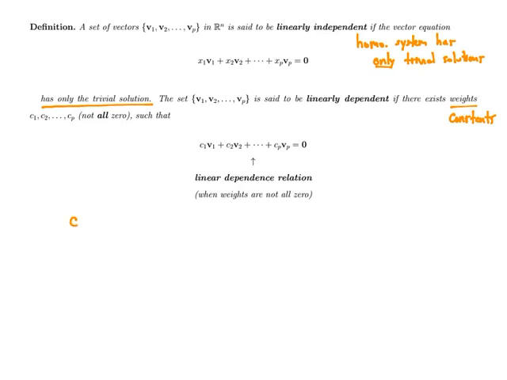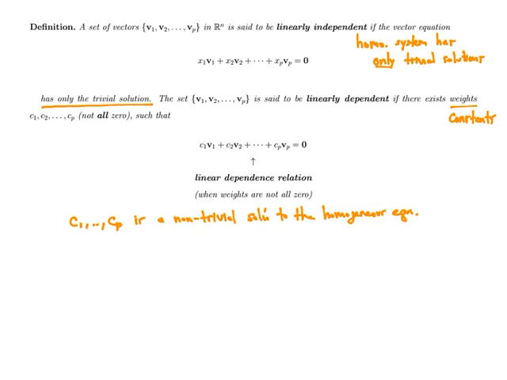We can think that this C1 to CP is a non-trivial solution to the homogeneous equation, as long as C1 to CP are not all 0. You could have some of them be 0, but at least one entry has to be non-zero. And this is what we call a linear dependence relation.